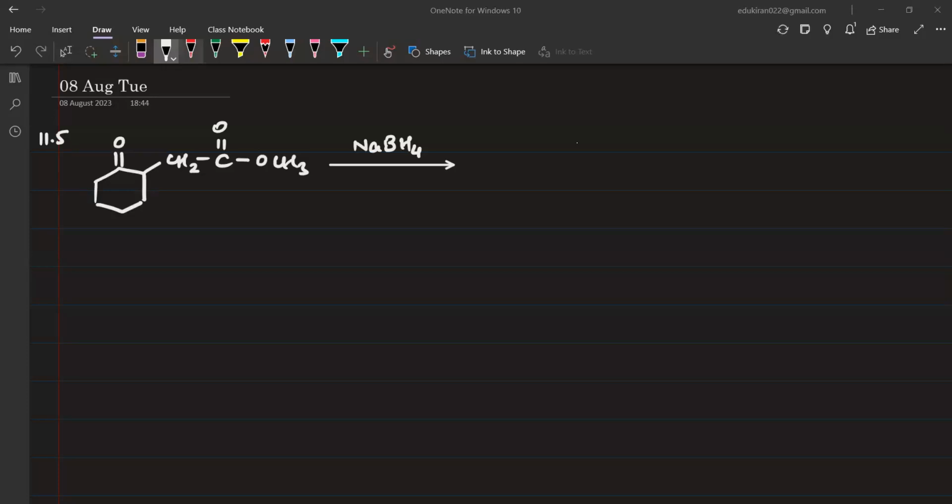Here we have 2 carbonyl carbons: the ketone, and the ester. The ester requires lithium aluminium hydride, so it will not be reduced to alcohol, but the ketone will be reduced to a 2-degree alcohol. So OH, CH2C double bond O, and OCH3 as it is. That will be the product here.